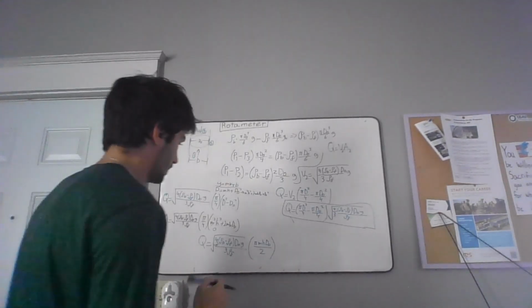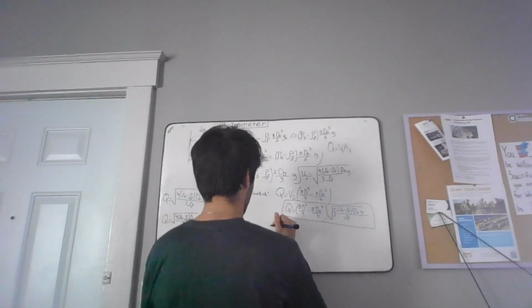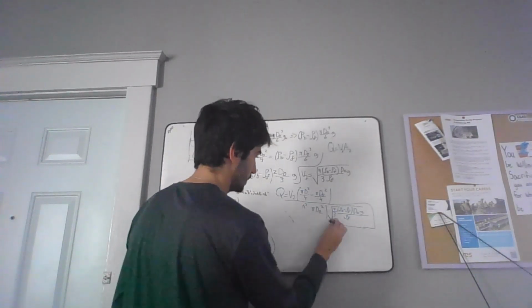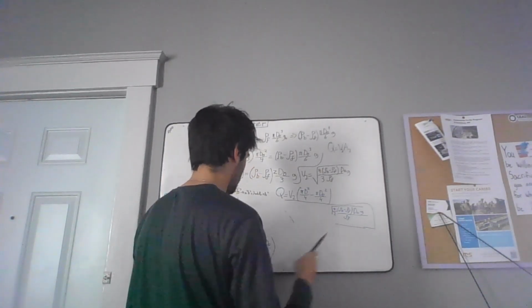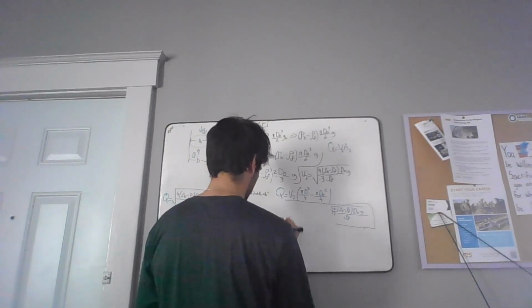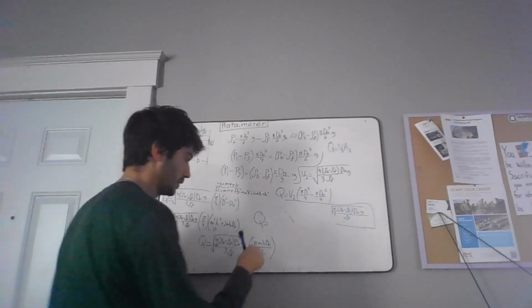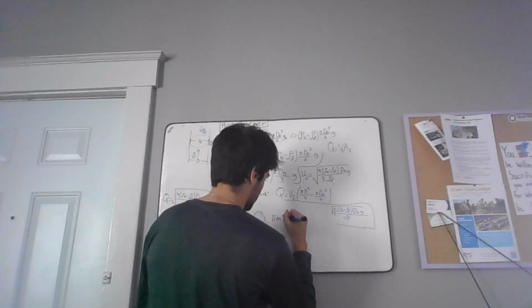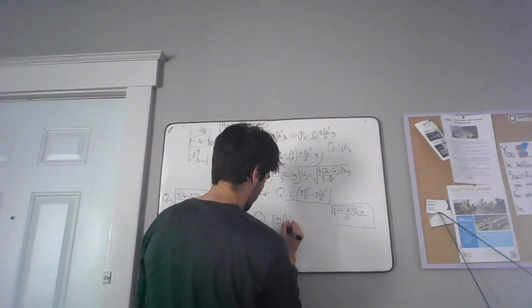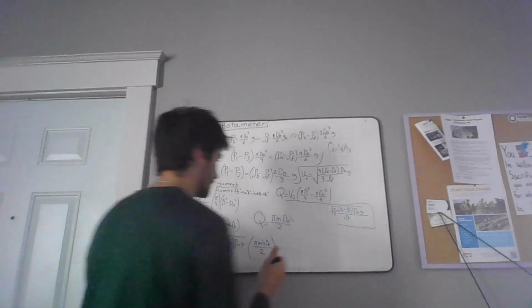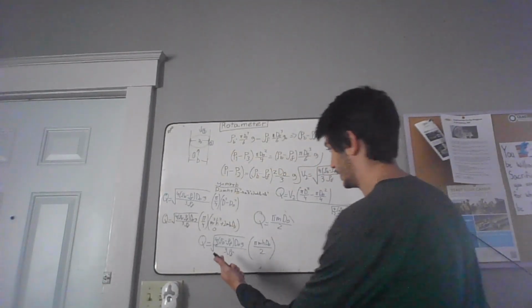So let me rewrite this a little bit better. I'm just going to erase this a little bit, throw in some space. Then we get Q is equal to, pulling this out front, pi m d naught over 2, right? 2 pi m d naught, and then multiplied by this radical.